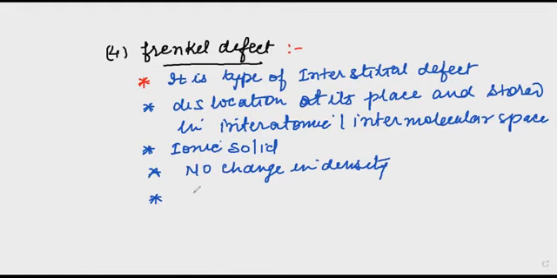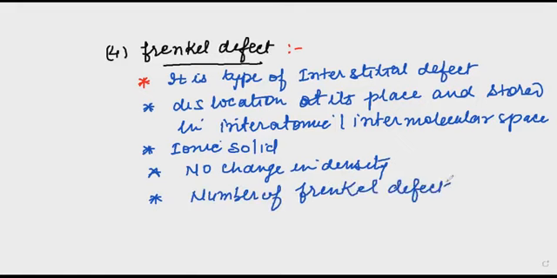And number of Frenkel defects n is calculated by n = square root of (N Ni) e^(-E/2kT). Same values as we discussed in Schottky defect.